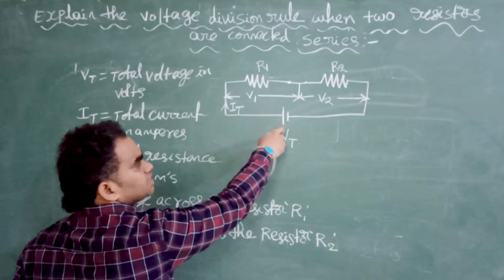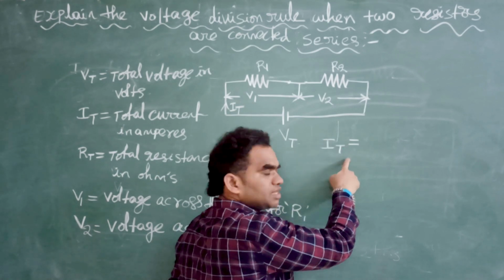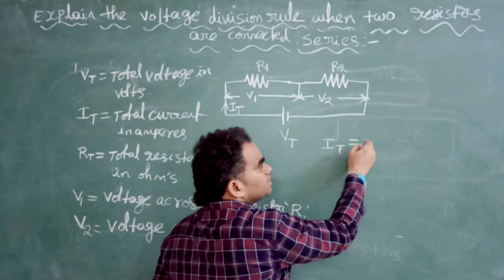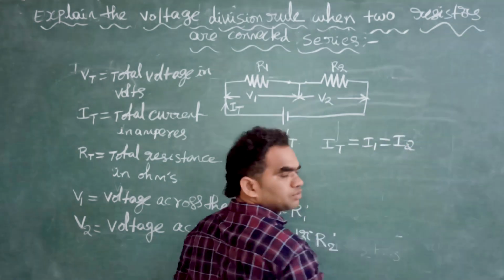In case of a series circuit, the current flowing through each resistor is the same. It is equal to I1 is equal to I2.